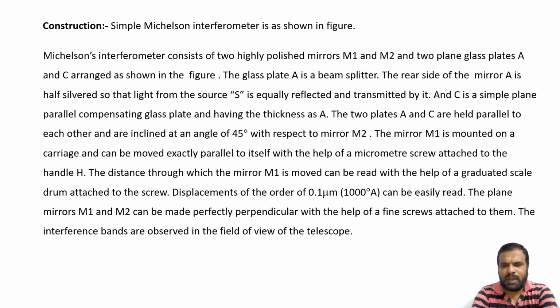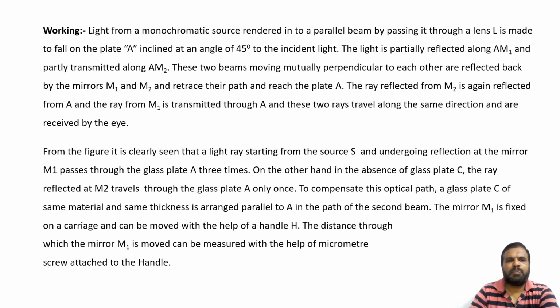Displacements of the order of 0.1 micrometer, that is 1000 angstrom, can be easily read. The mirrors M1 and M2 can be made perfectly perpendicular with the help of fine screws attached to them. The interference bands are observed in the field of view of the telescope.